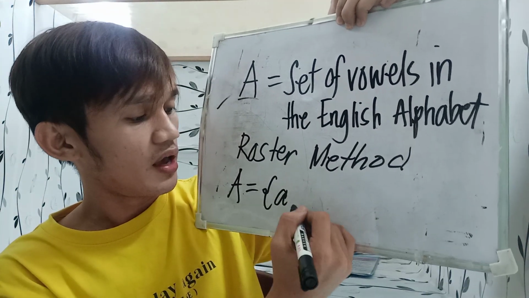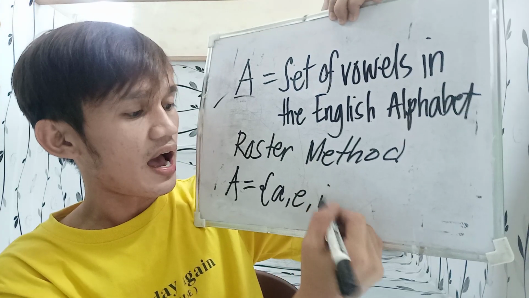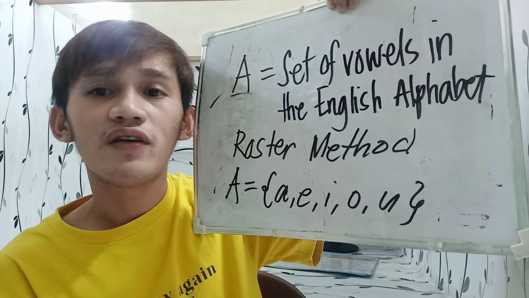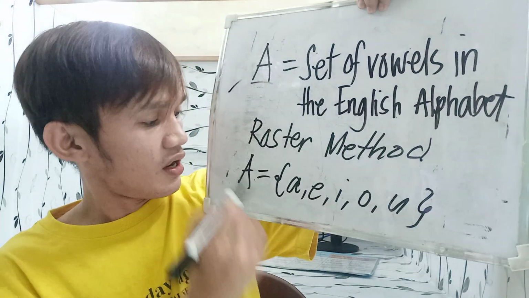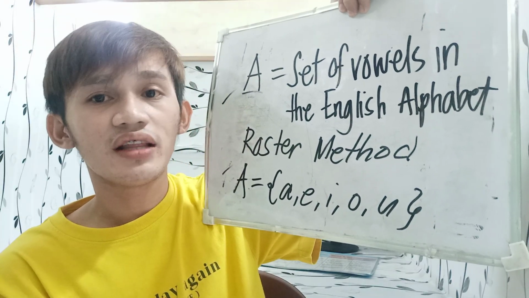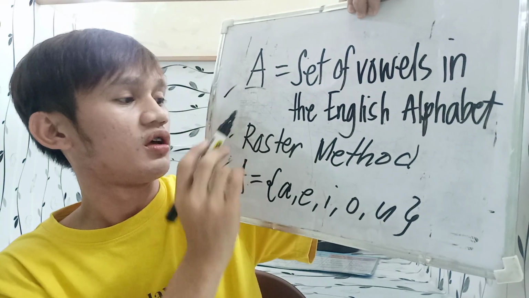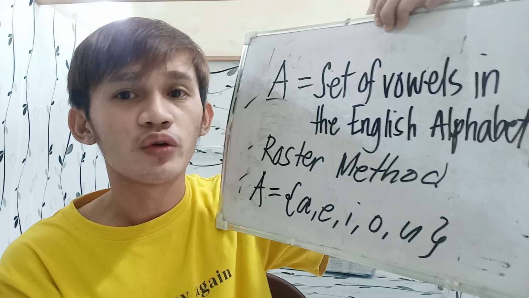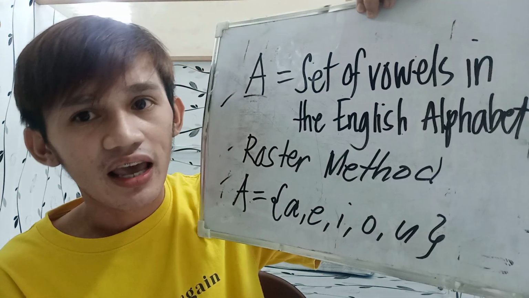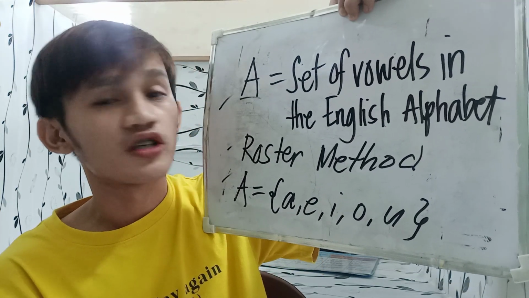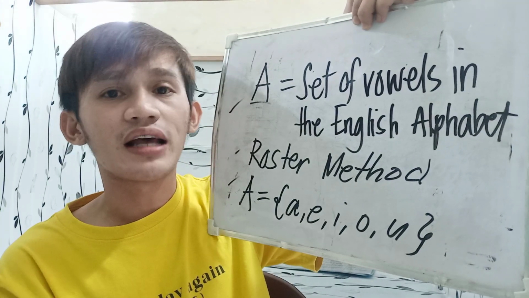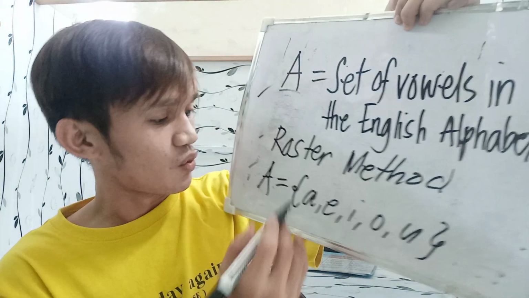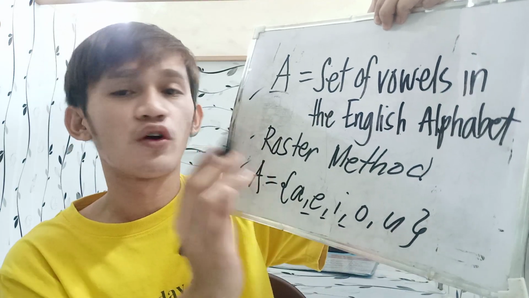We have A, E, I, O, and U. So you have here a set written in a roster method, and that is how you write a set in roster form. Always remember that it must always be separated by commas, like 1, 2, 3, 4, and so on.